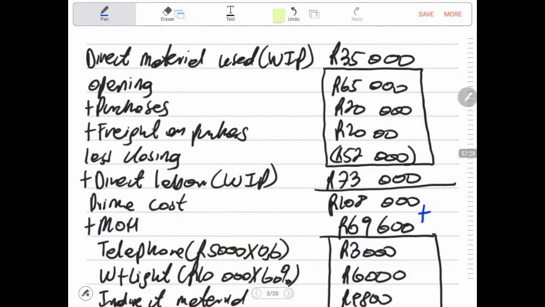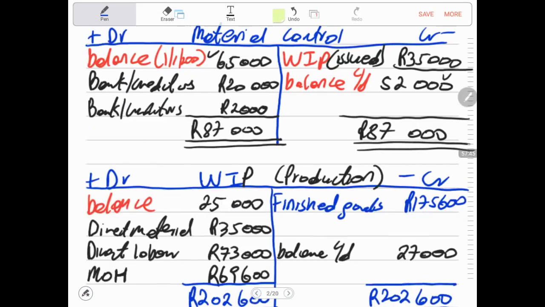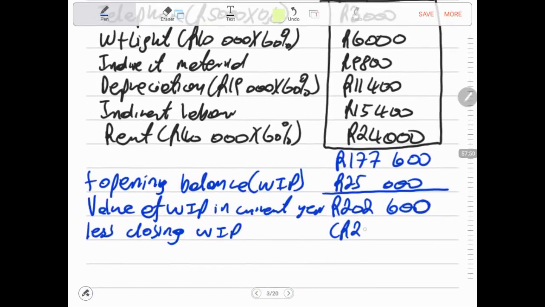So the same applies here: out of the value of the work that is in process, we need to say less closing work in process, and our closing work in process is 27,000 rands. Then the minute we do this, we start getting to the cost of finished goods.